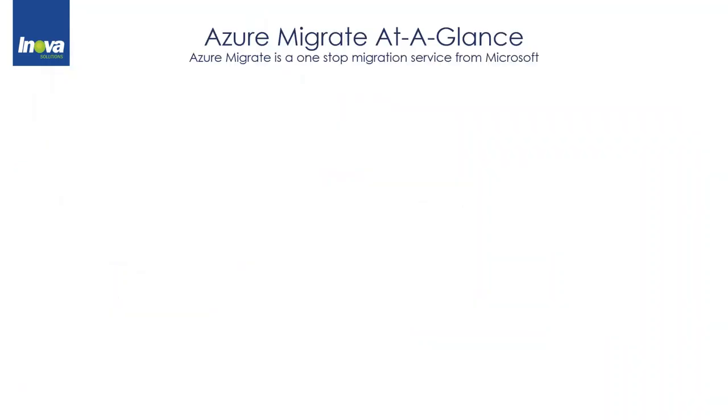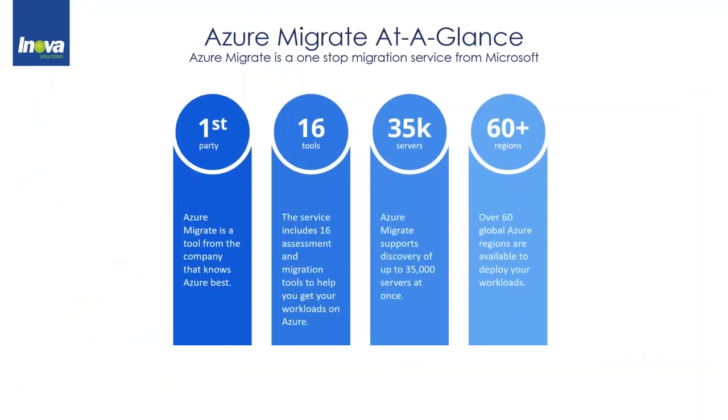Azure Migrate is a Microsoft-created suite of tools. So it's a first-party tool from a company that knows Azure best. And it's designed to help you assess your workloads and understand the best way to get them on Azure. It's designed to help you with part of that planning stage and with the actual execution of your migration.